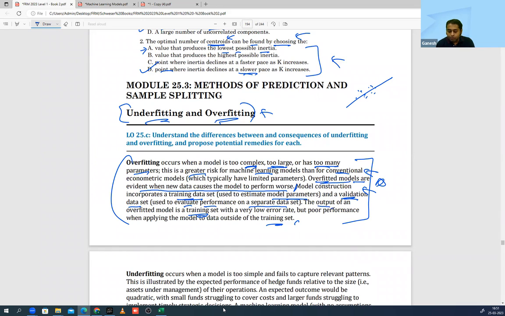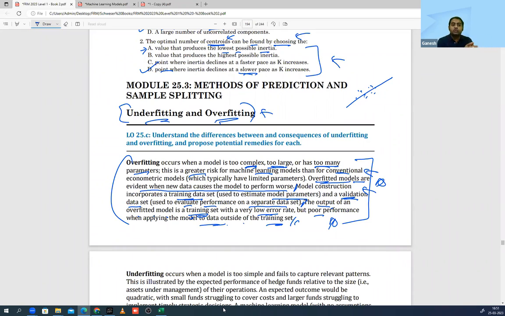So look at it, the output of an overfitted model. Read the line properly, and I'm marking this also with a star. The output of the overfitted model on the training set is going to give you very low error, but poor performance when you apply it outside the training set. What does it mean? When you are comparing the model with your in-sample data, the training data on which the model is built, you will find very low error.